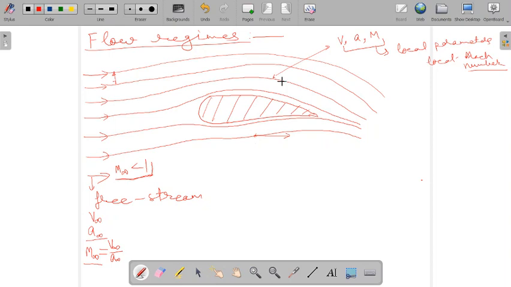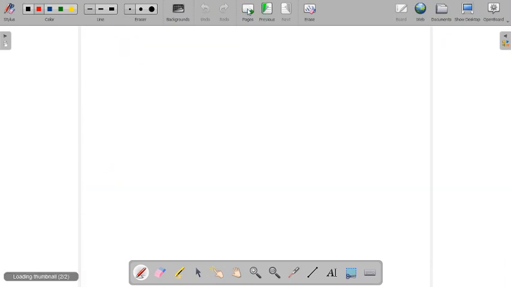Okay. So what we will try to do, let's first try to see a flow regime which is called subsonic flow. Okay.